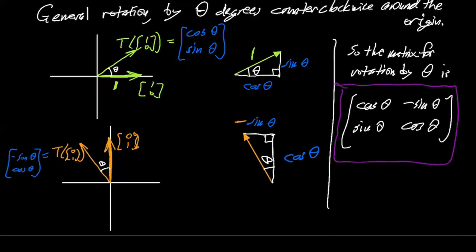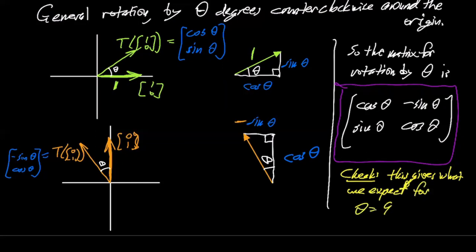Very exciting. Another thing you should check as an exercise is that this gives what we expect for theta equals 90 degrees and 180 degrees, which are rotation matrices you already found, right?